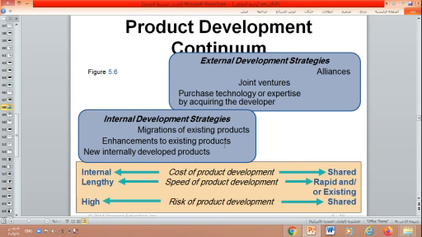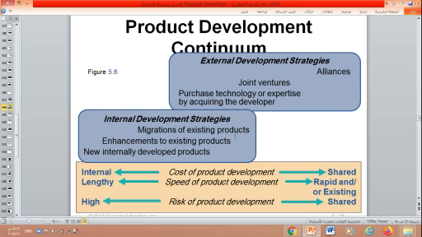أما بالنسبة للinternal strategies, such as migrations of existing products or enhancements of existing products. Enhancements mean changes in the color of the product, the size, the weight, the taste, or the features. فبالتالي أنا هعملها تغيير.